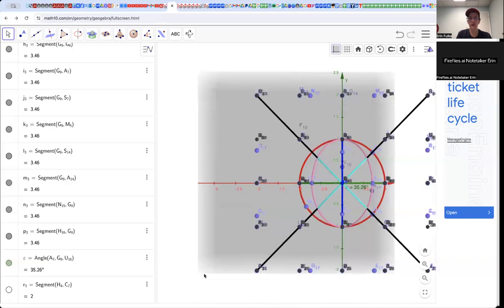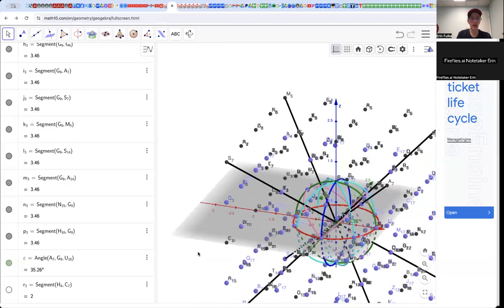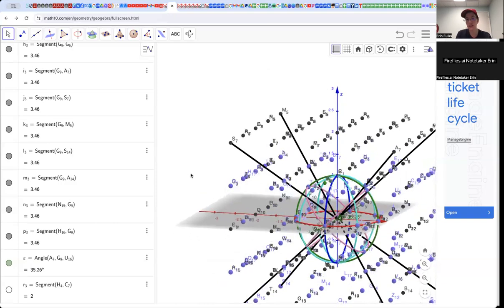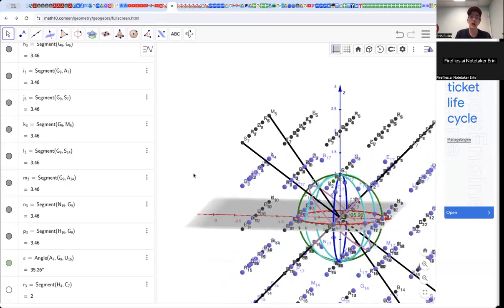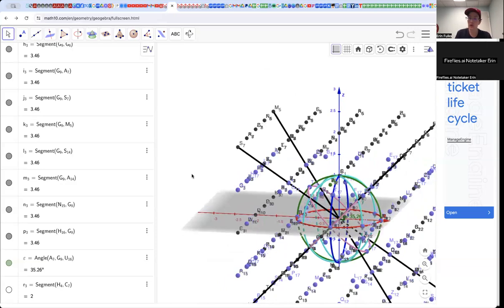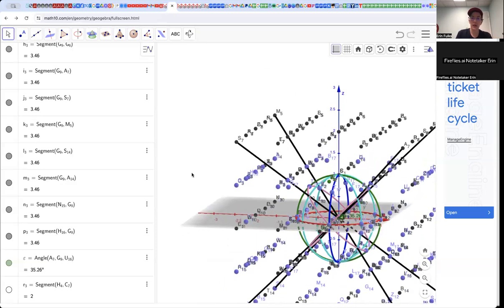I originally thought this was a 45-degree angle, but it's not. It is a 35.26-degree angle, though that's not necessarily necessary. But having intent and focus, if you want to be that technical, you can.